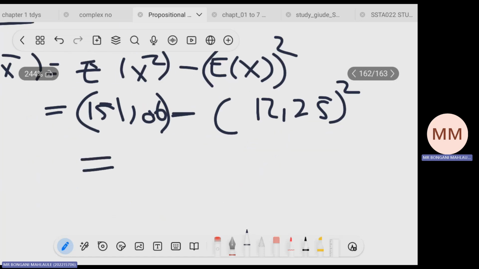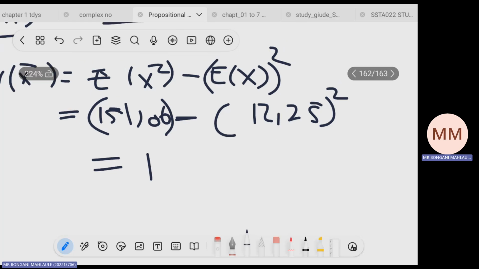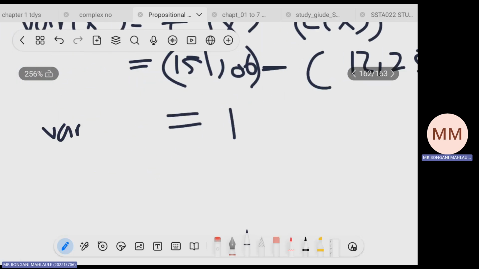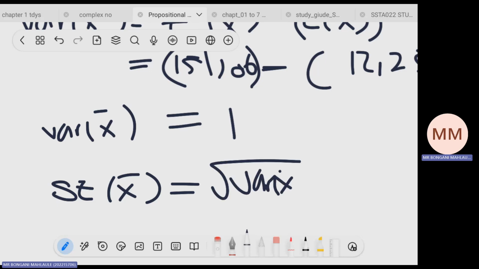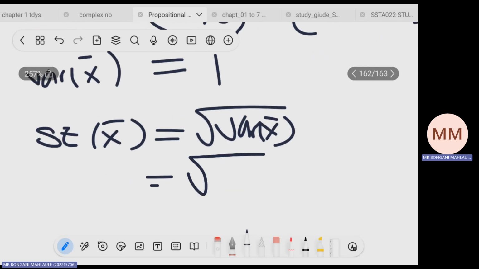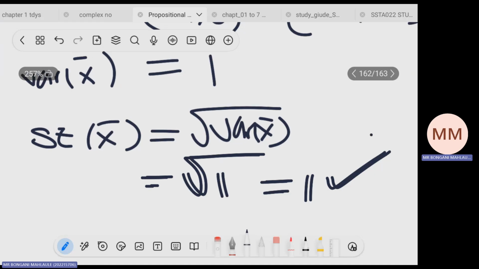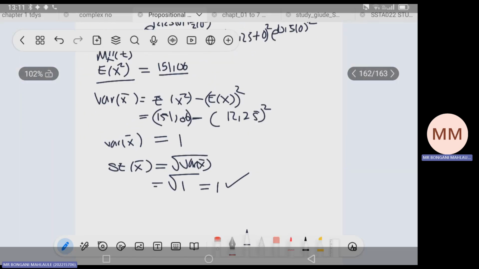So you'll finally get your answer to be 1. So now the standard error of x bar will be the root of the variance, as I've explained. So this will be the root of 1, which is 1. So I'm going to end it.